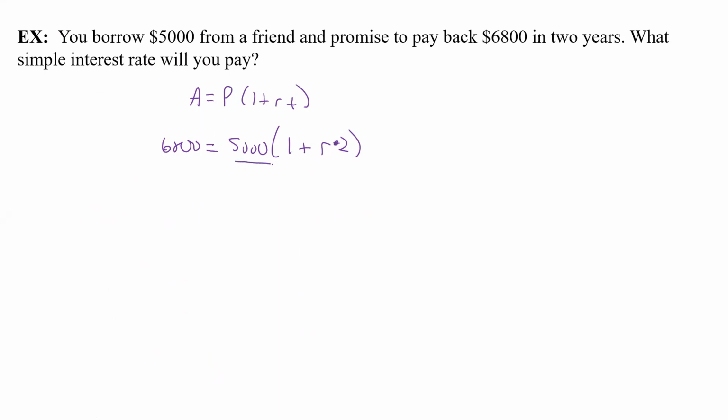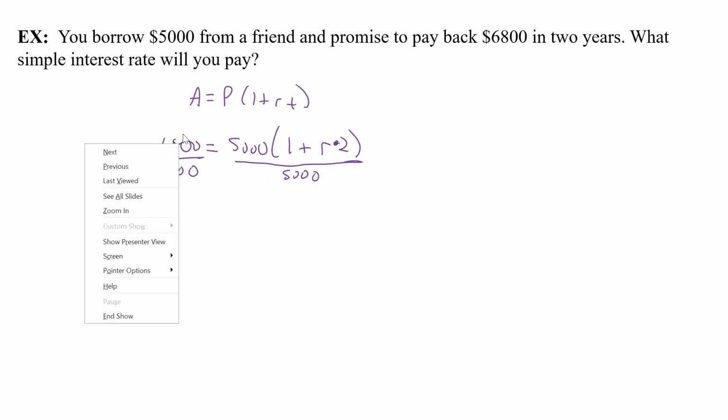All right. So first things first, we're going to divide by 5,000. And when we do problems dealing with financial stuff, we don't divide or do anything else until the very end. We plug it into our calculator as a whole equation, and we tell the calculator to give us answers. Otherwise, if we do pieces, like if I take the 6,800 divided by 5,000 and I round that number, and then I start doing all these other calculations and do a lot of rounding, if we're talking millions of dollars, you might be off by hundreds of thousands of dollars, which is quite a bit.